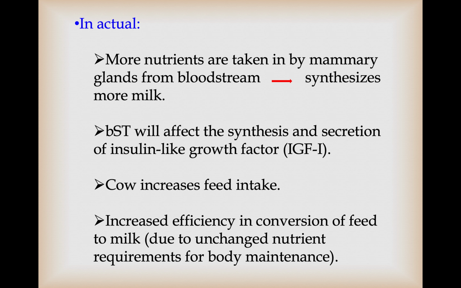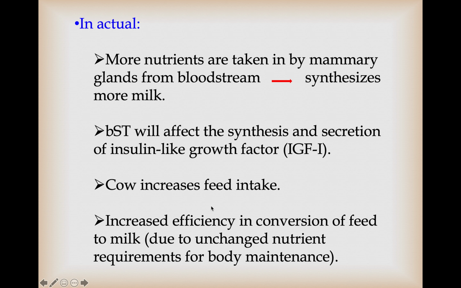The cow increases its feed intake because more nutrients are needed to synthesize more milk. But they found that there is an increased efficiency in the conversion of feed to milk due to unchanged nutrient requirements for body function.